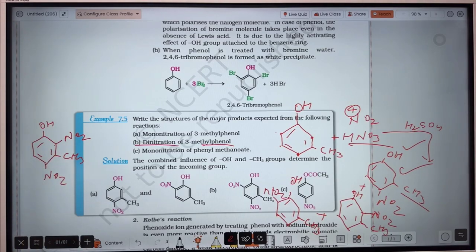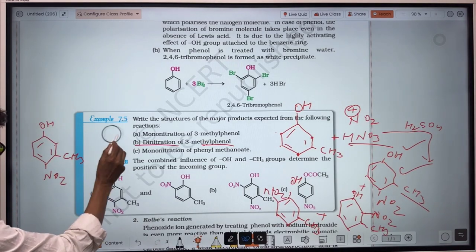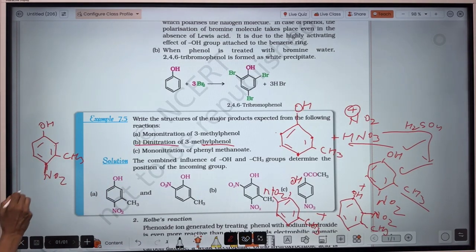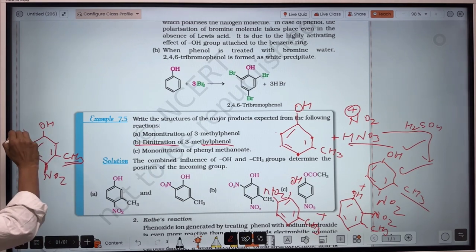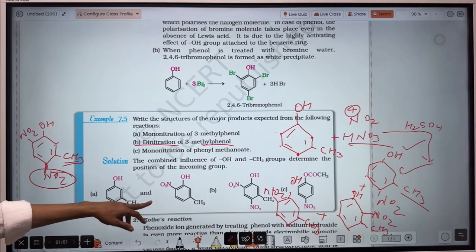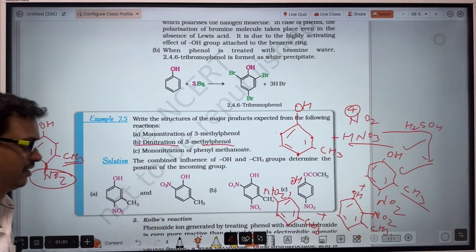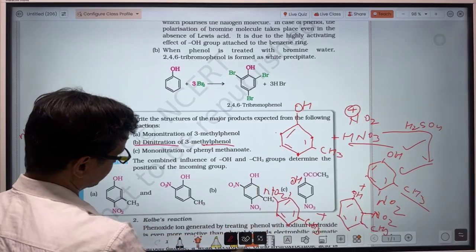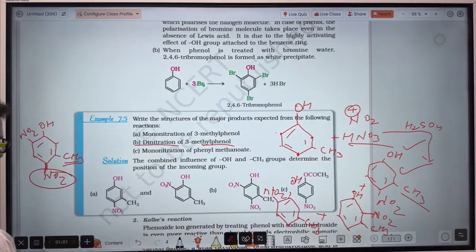Because with respect to OH, one NO2 here at para position, and with respect to methyl group, one NO2 will be at this position, ortho meta para. This is at the ortho position with respect to methyl and at para position with respect to OH. So that will be the major product. Third one is same here. Third one you can do very easily.